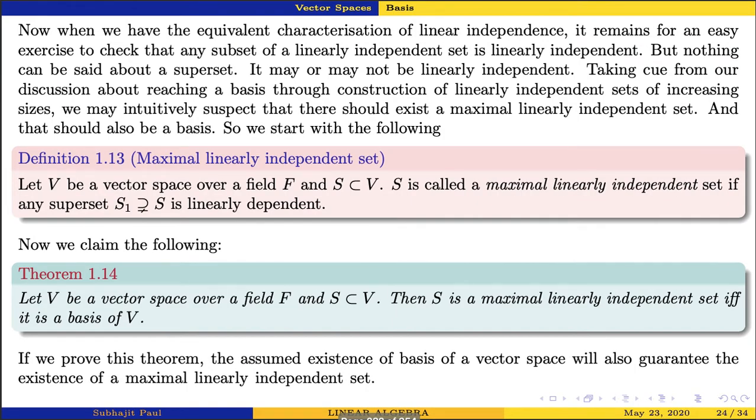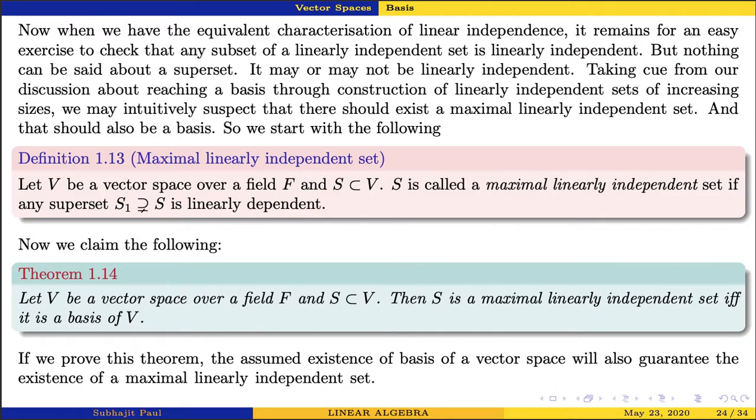Let's see the proof. Before the proof, understand this: whenever we talk about maximal linearly independent sets and minimal spanning sets, they require some guarantee of their existence. We are still talking about a general vector space, which can be infinite dimensional.